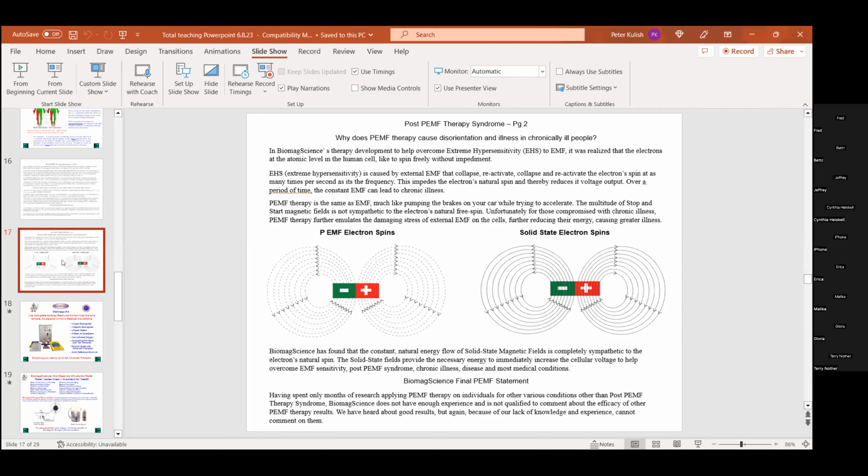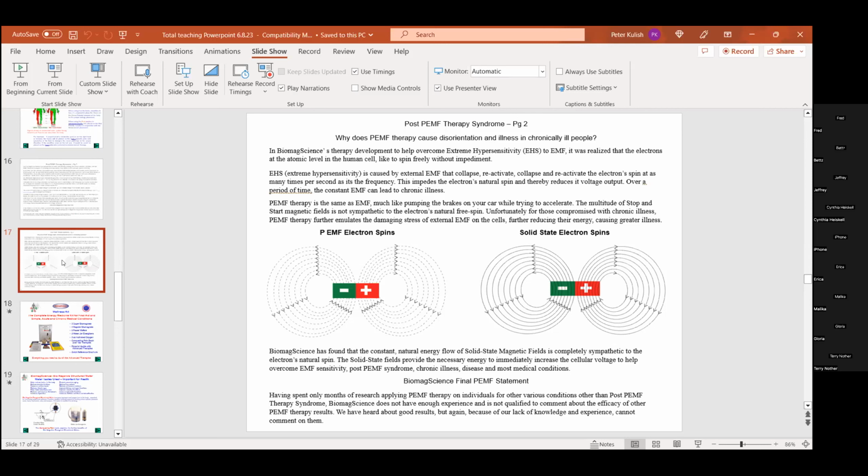Now, someone who does not have malabsorption, who has a reservoir of negative energy, like most people do, most people who are not chronically ill, I've been thinking about this and why PEMF does help some people.